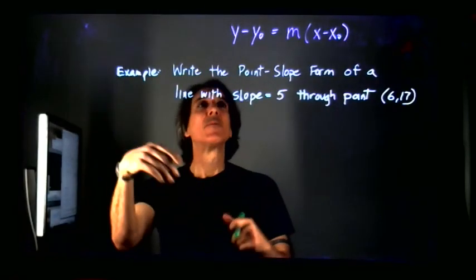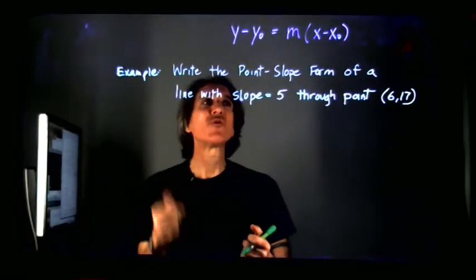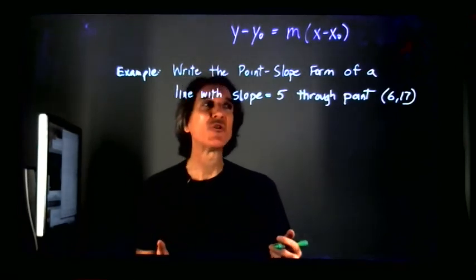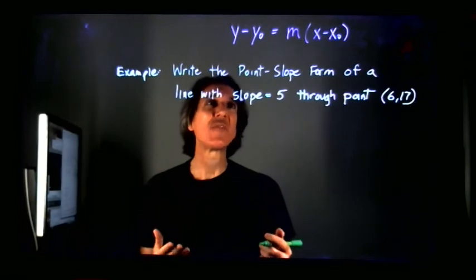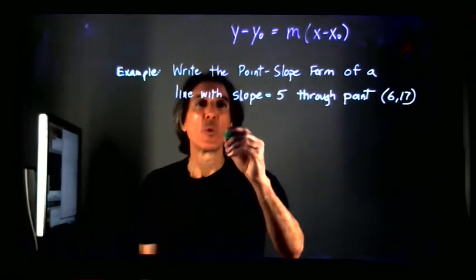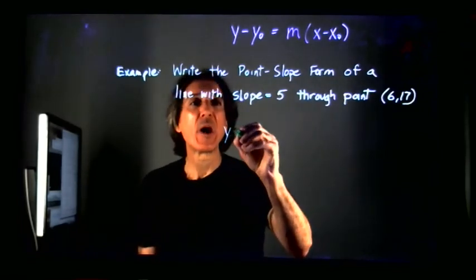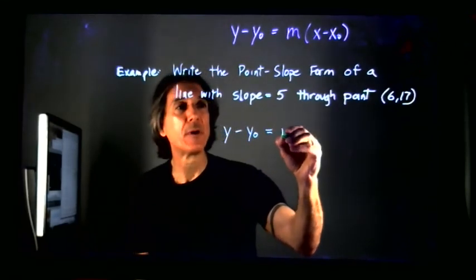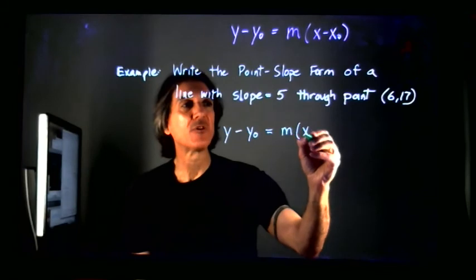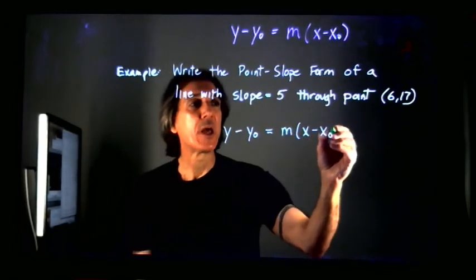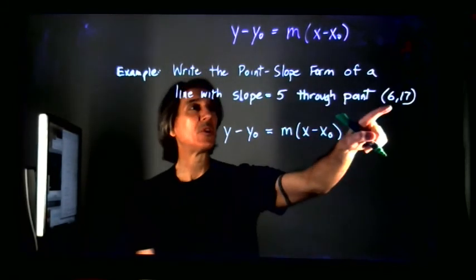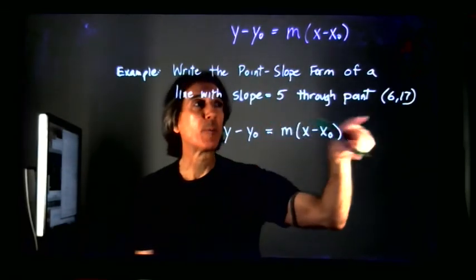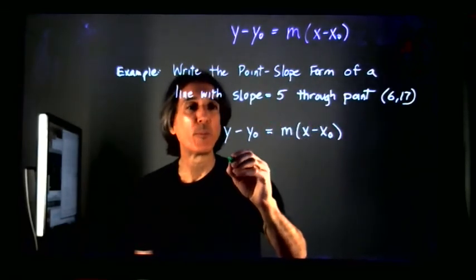As an example, let's write the point-slope form of a line with slope equal to 5 that passes through the point 6, 17. Well, we have our y minus y0 is equal to m times x minus x0. And all we're going to do is take our slope value and our point and plug those values in.